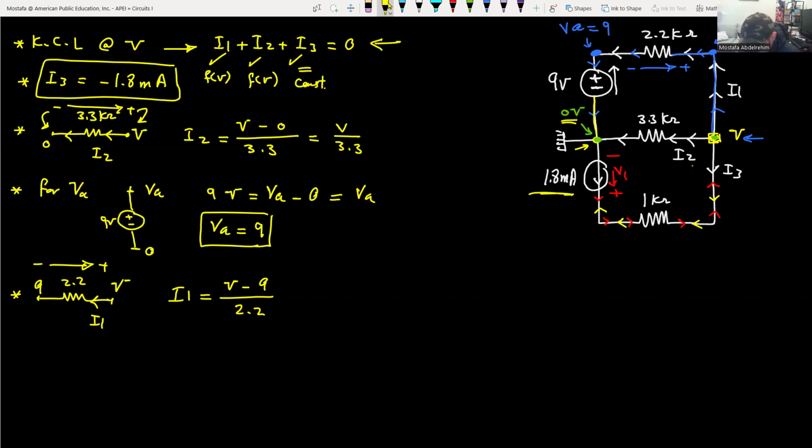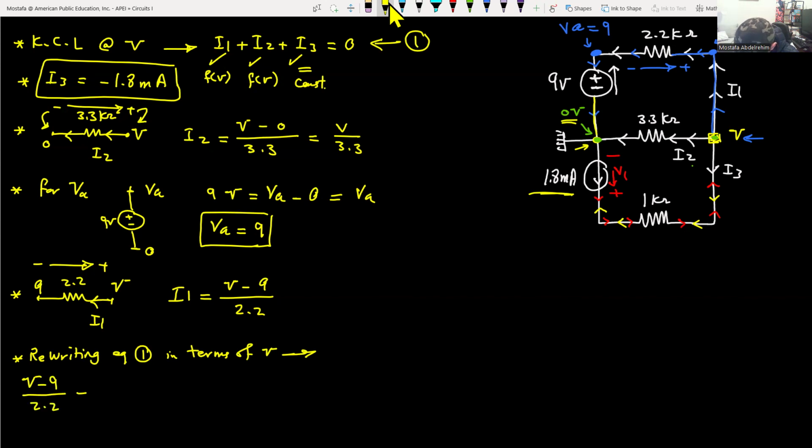So let's call it equation 1, and rewrite equation 1 in terms of V. I1 is V minus 9 divided by 2.2.